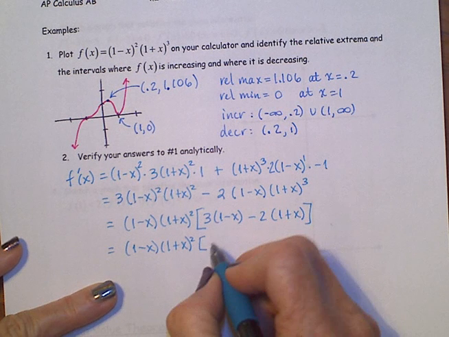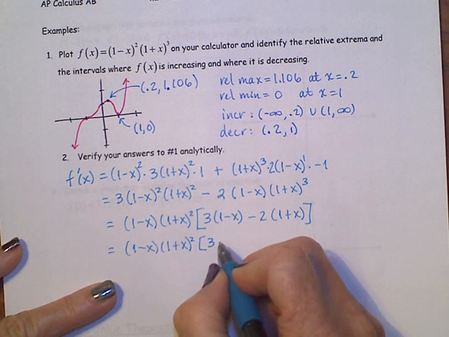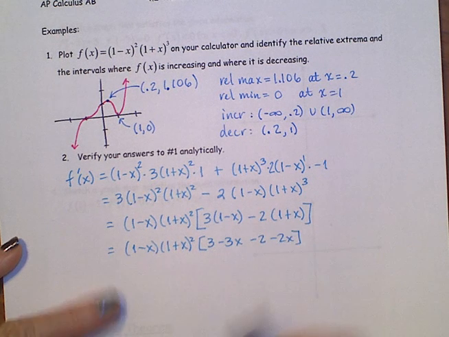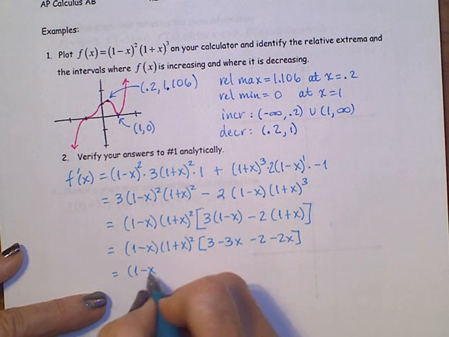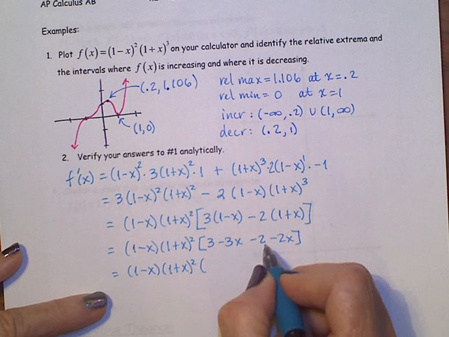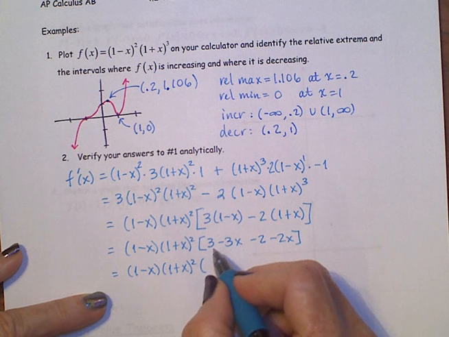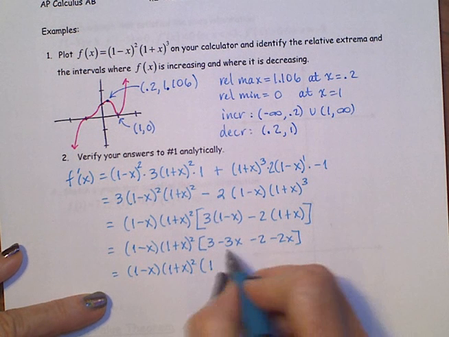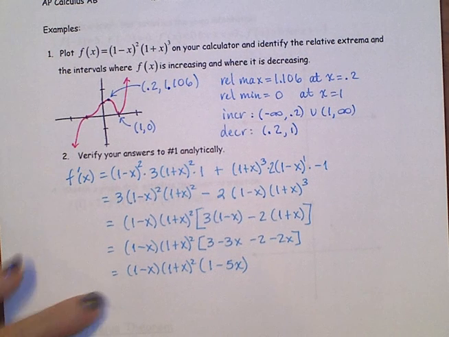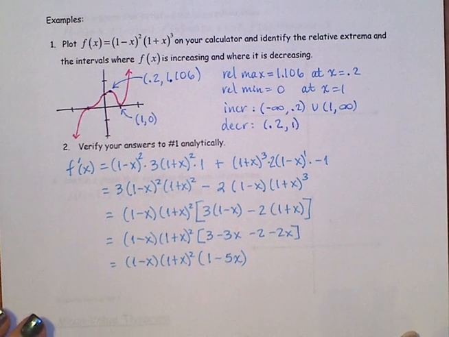Simplifying inside these square brackets, that's 3 minus 3x minus 2 minus 2x. And we have 3 minus a 2, that's 1 minus 5x. Everything's factored, that's as far as we can go.